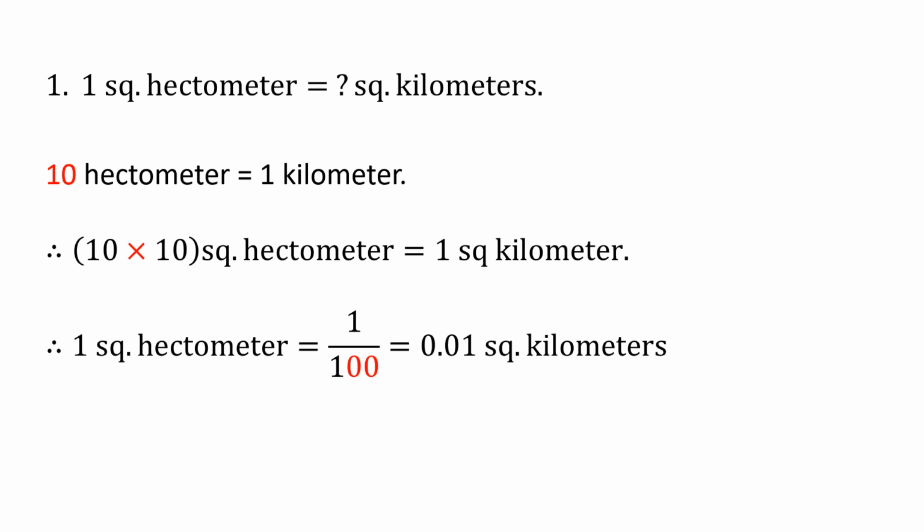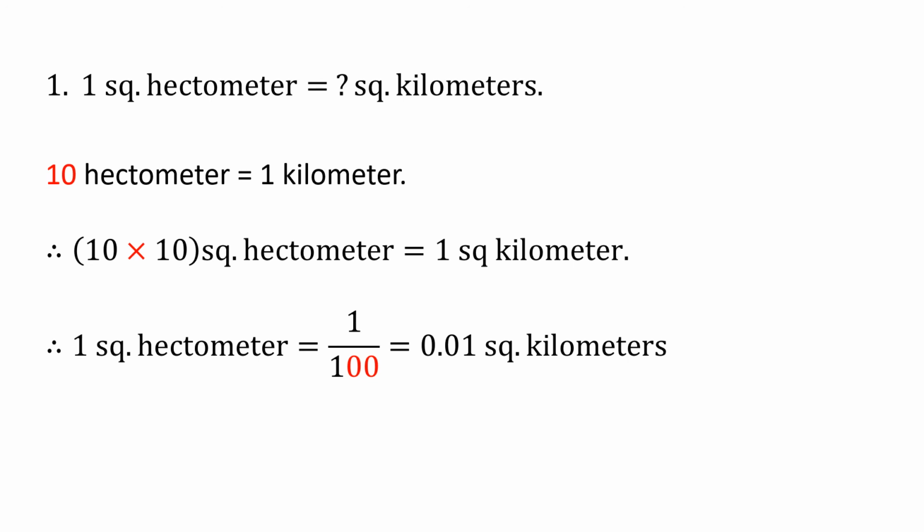As you can see, when you are finding units in area, that means the square term is involved, so just calm down and do not multiply by 10 but by multiples of 10. In this case 10 times 10.